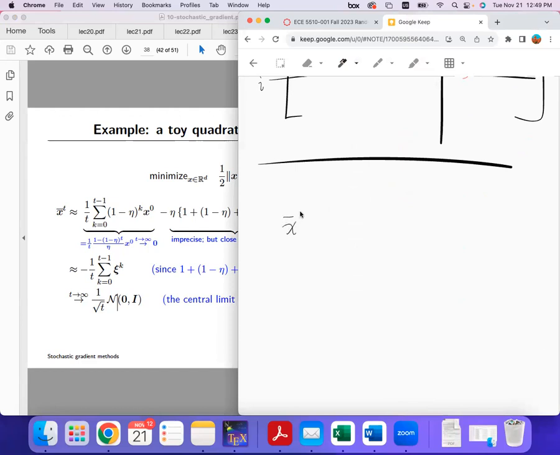So this x bar t will roughly be a 1 over square root of t Gaussian: zero mean, identity covariance matrix, the standard high dimensional Gaussian distribution weighted by 1 over square root of t, which means this is the Gaussian with zero mean and this covariance matrix.